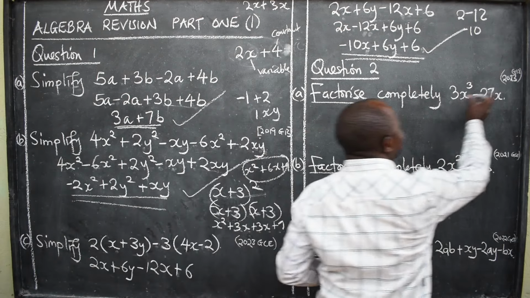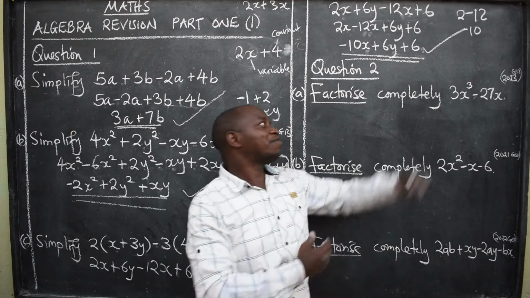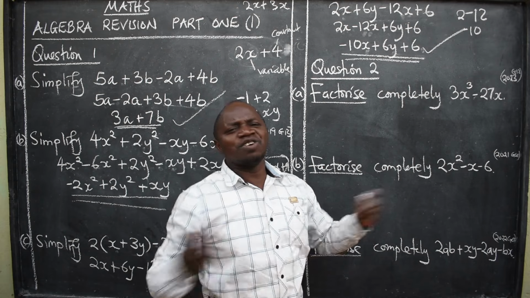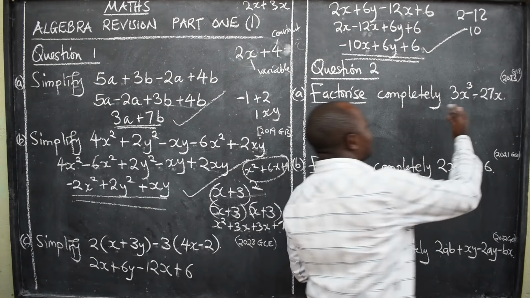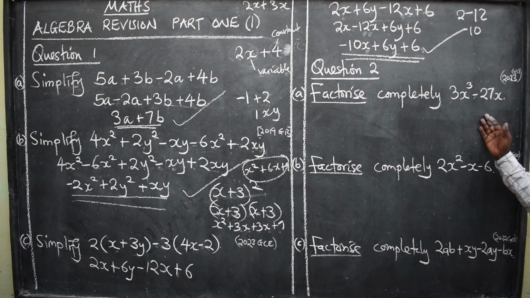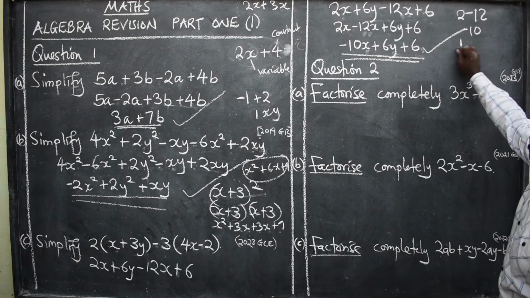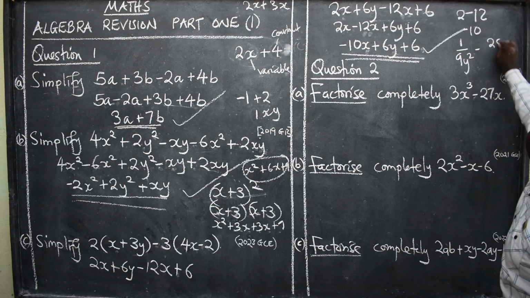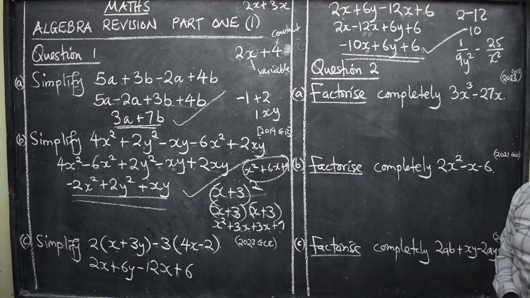Now these 2 terms I'm talking about, they can be decimals, fractions, whole numbers, whatever. Just know that that still stands. It will be difference of 2 squares. Sometimes you can be given 1 over 9y squared minus 25 over x squared, and they ask you to factorize.